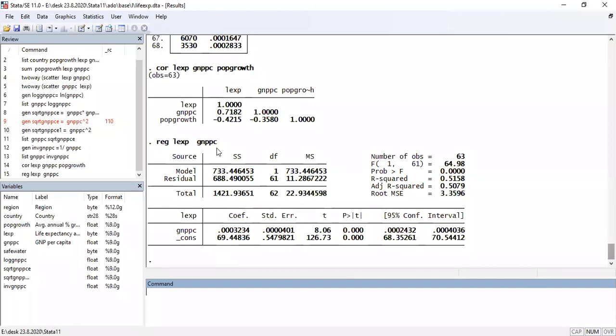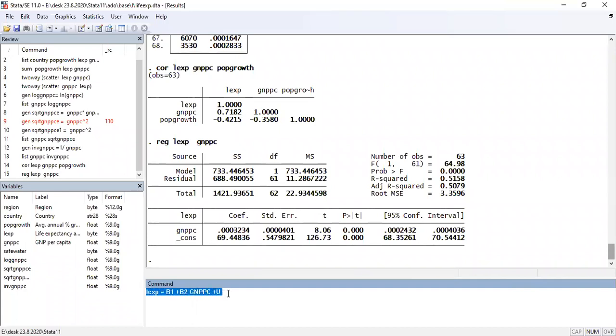So once again, you are going to find the regression estimation of the model. Let me write the model. The model was: LEXP equals beta 1 plus beta 2 GNPPC plus U. This is not a command.